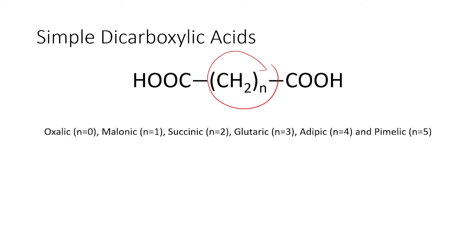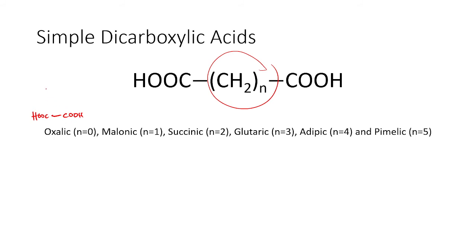And as you may see here, we can have dicarboxylic acid na wala siyang nasa gitna. Yung tinatawag nating oxalic acid. So, ang itsura ng oxalic acid na yan is you will have here your COOH and that COOH will be attached to another COOH. So, anong itsura niyan, sir?